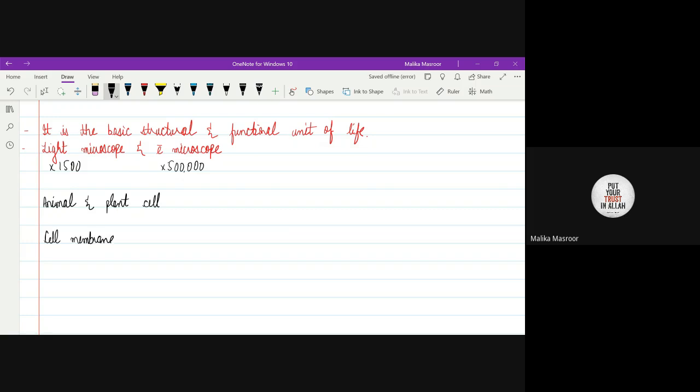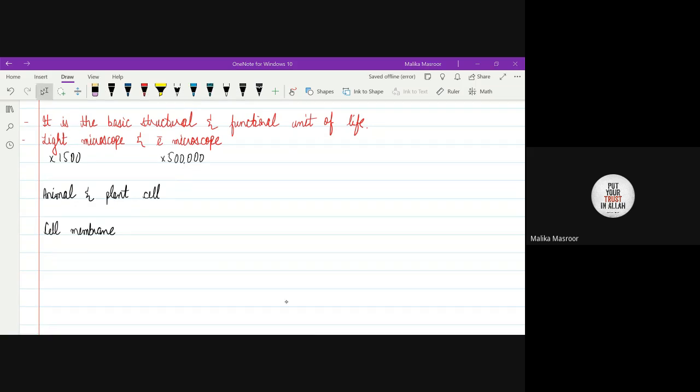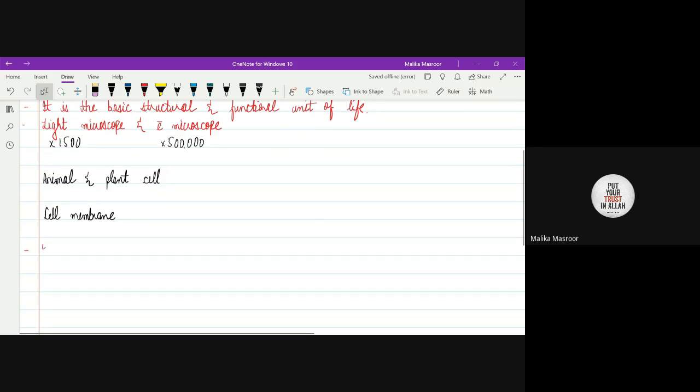It's a very thin layer of protein and fat, and it is important because it controls what enters or leaves the cell. So I can say it is a partially permeable membrane that controls what enters or leaves the cell. Partially permeable, selectively permeable, semi-permeable, you can call it anything.